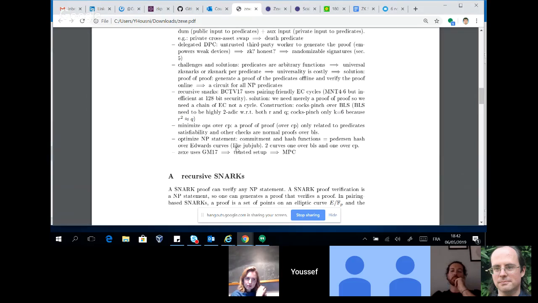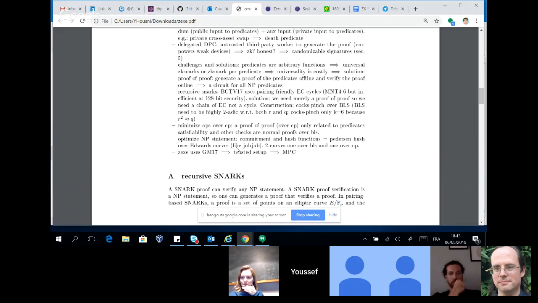In ZEXE, they constructed a new BLS curve that is highly two-adic with respect to both the subgroup order R and the prime field size P. So this is the first elliptic curve. Then they constructed a new elliptic curve, Cox-Pinch, over this BLS. So this is the second elliptic curve. It has some limitations because, as we said, R squared, the subgroup order squared, is roughly equal to the prime field size.